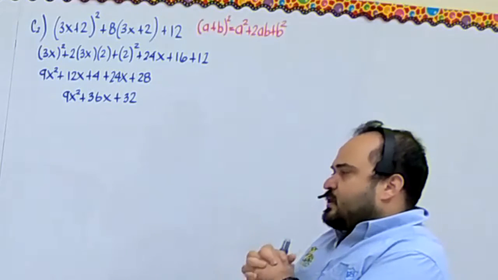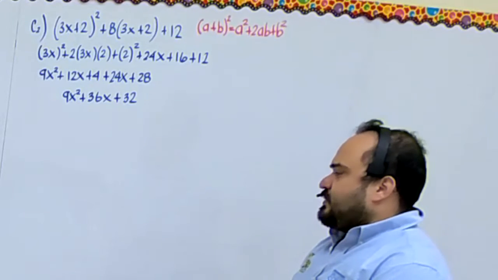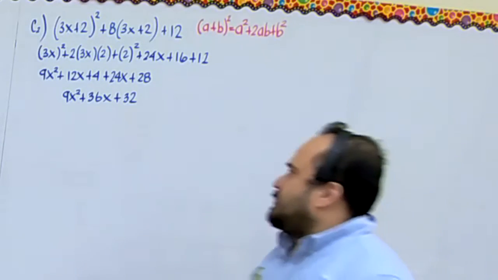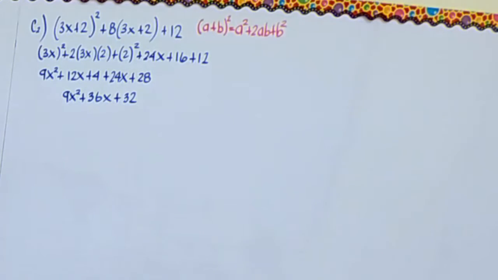Okay, what do we have to do in this situation? Every time that we have a number different than 1 as the coefficient, I mean the number next to the x squared, the first thing that we have to do is forget about the middle term.